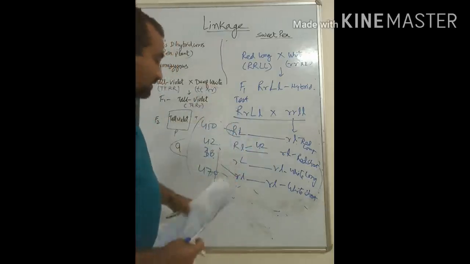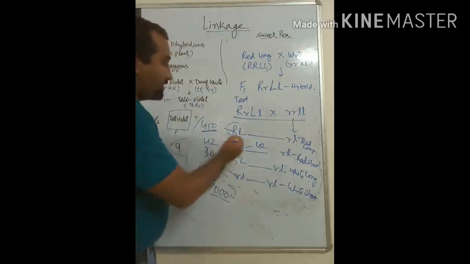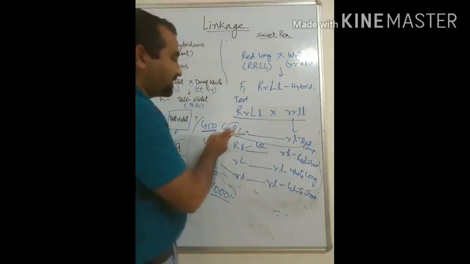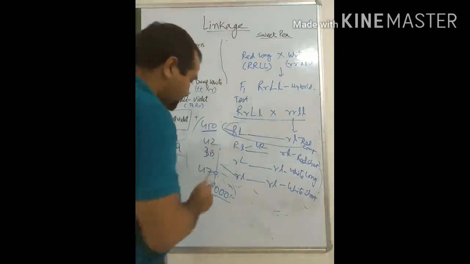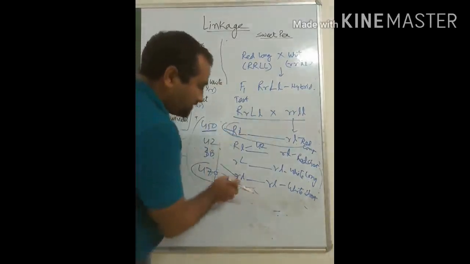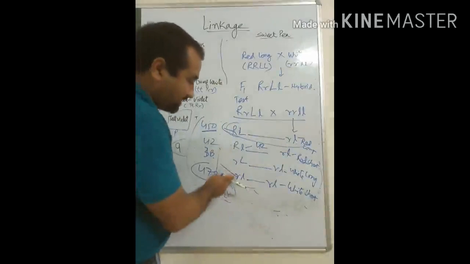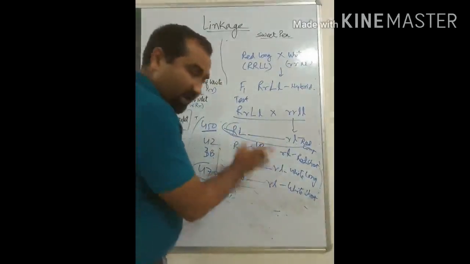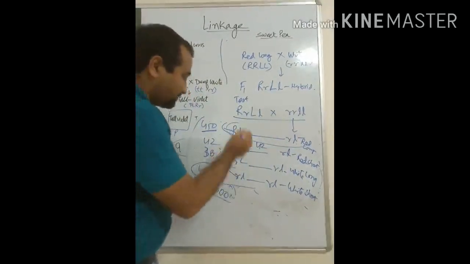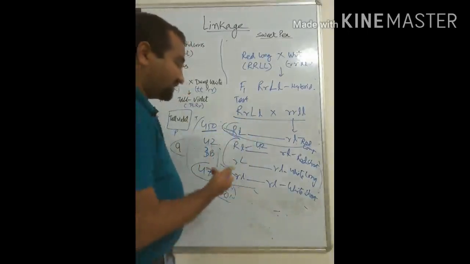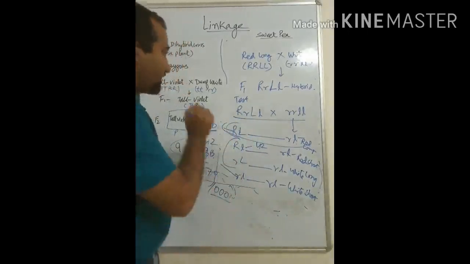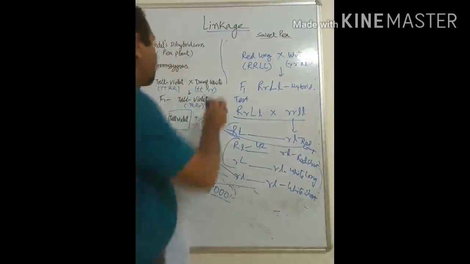But here this 450 is the parental phenotype, red and long, and this 470 is another parental phenotype, short and white. But this is a new combination, that is a recombination. So we can calculate the frequency of recombination.